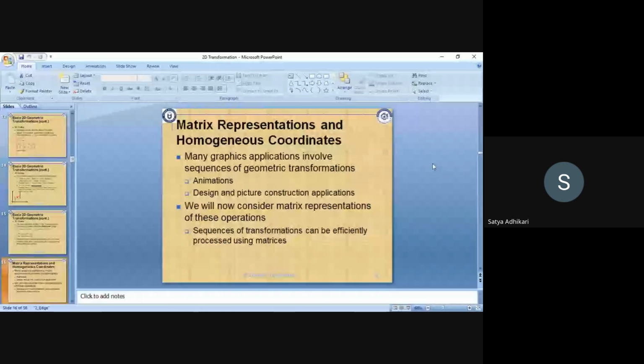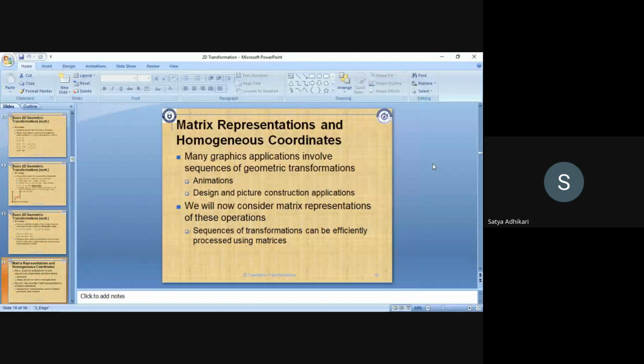Actually, we are learning 2D, two dimensional transformation here. Many applications are associated with 3D, that is your length, breadth, and height. But here we are only in 2D. So that is why we have to represent this 2D as a 3D matrix.